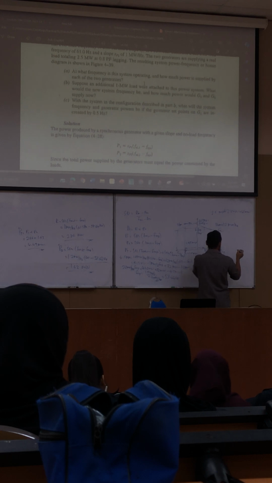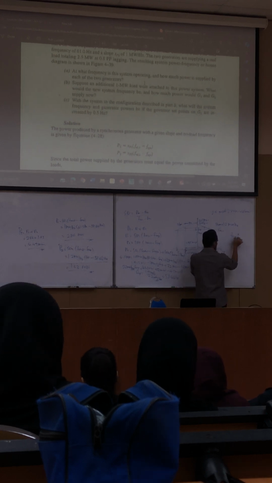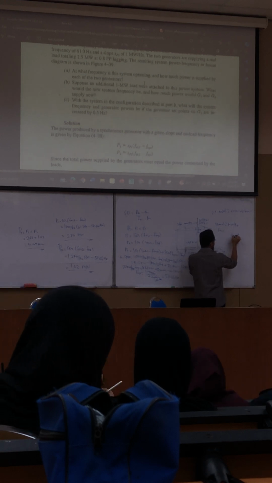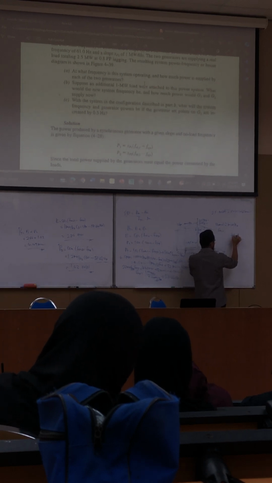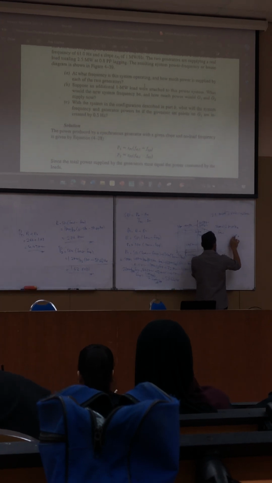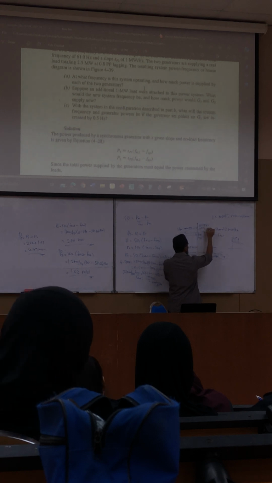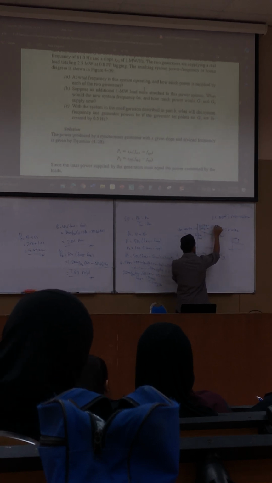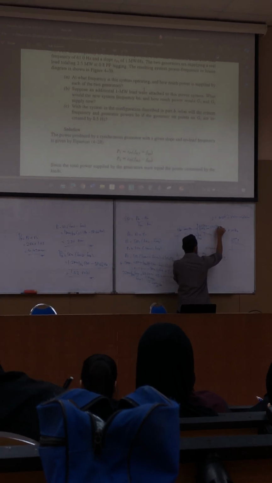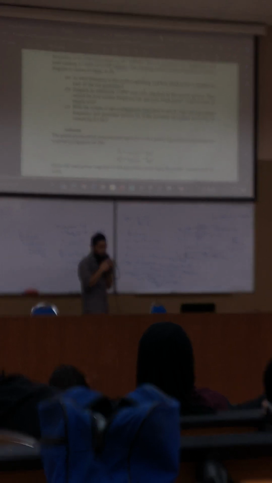Your roof here increases, so the whole roof increases, and 0.5 is that plus 0.5. So what happened here will increase into 60.5 hertz. So your frequency number becomes 60.5 hertz.